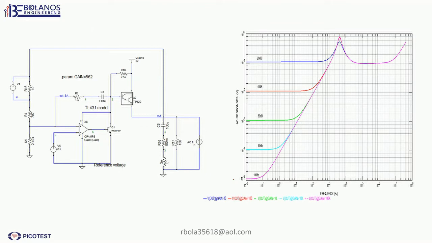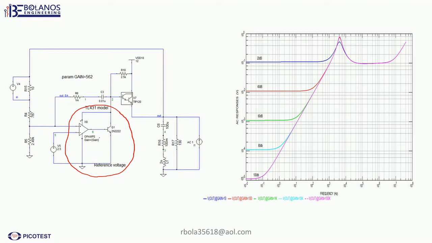Okay, so here I have another simulation. In this case, it's a little different, and what I did is I replaced the 431 with a discrete model. So basically, this is a TL431 model equivalent.